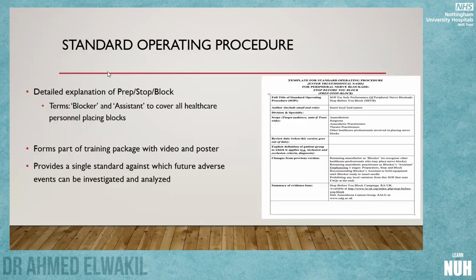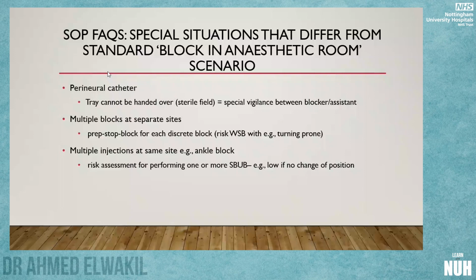And in fact, this SOP will help us map any future incident against this reference SOP. There are some special situations, like the ones mentioned in the video, when we have a sterile field and we cannot hand over the tray.